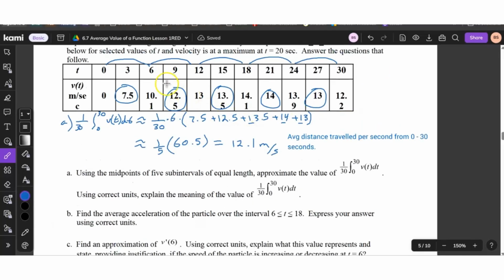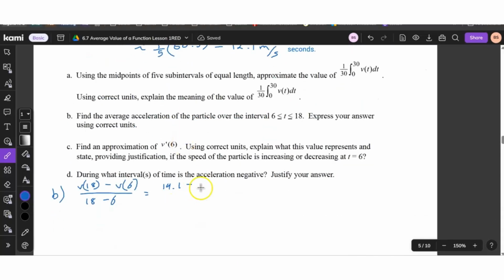V of 6 is 10.1. And it's over 12. So just 4 over 12, which is 1/3. Oh, correct units: meters per second squared, because it's an acceleration.